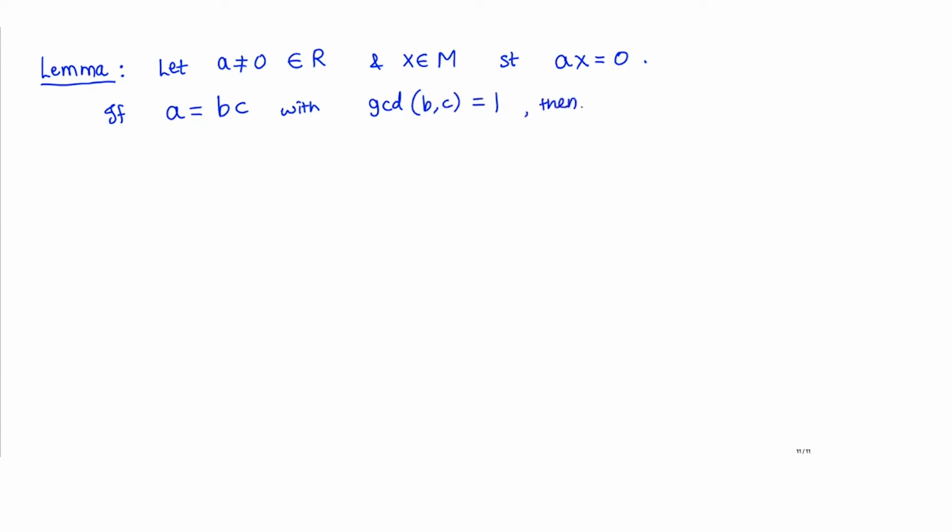Then I can split x into two pieces, as a sum of two pieces Y and Z, with the following property: Y is killed by B and Z is killed by C. Y and Z are also elements of M, I should have said, with Y, Z belonging to M.